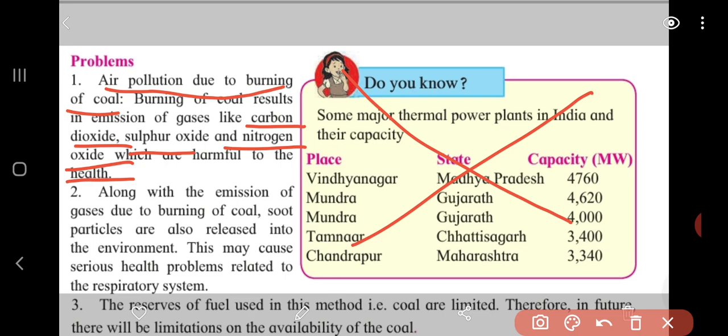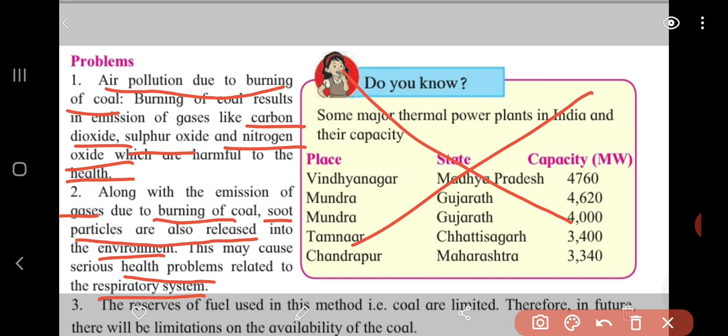Second, along with the emission of gases due to burning of coal, soot particles are also released. These minute soot particles get released into the environment, and this may cause serious health problems related to the respiratory system. Okay, so people who are suffering from asthma or have difficulty in breathing get affected very severely by the soot particles released by this kind of plants.